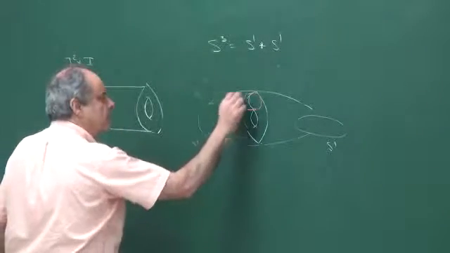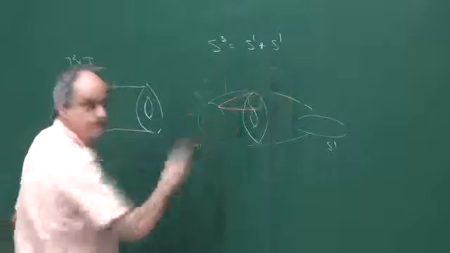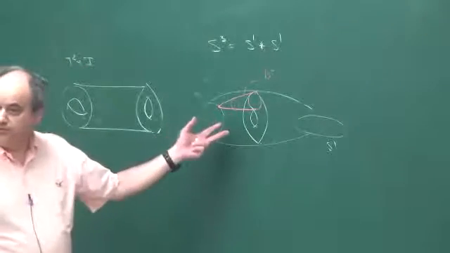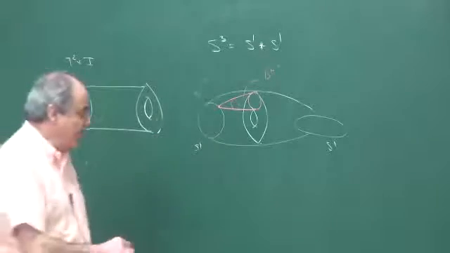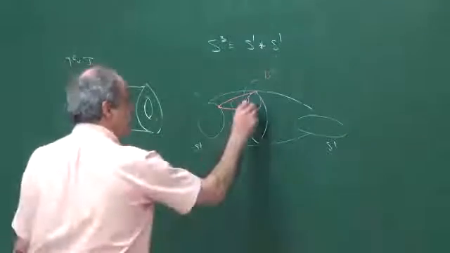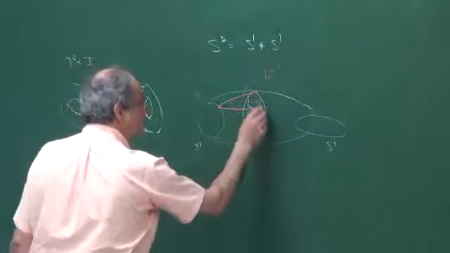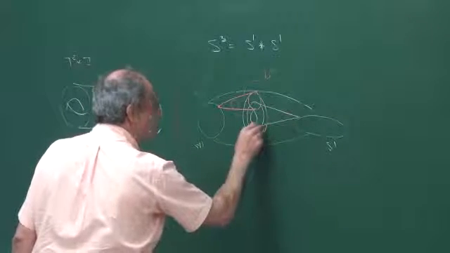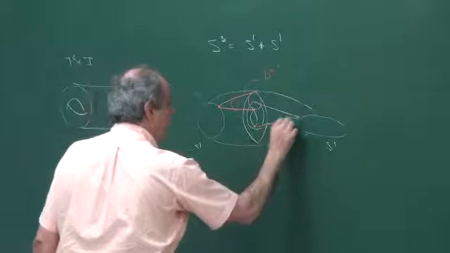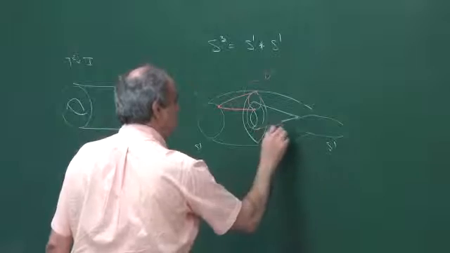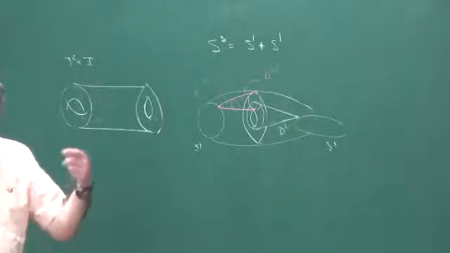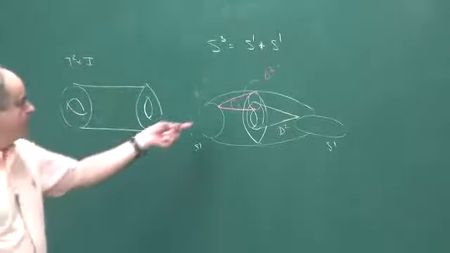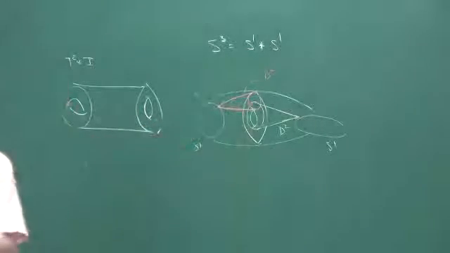So this is D2, and this side of the 3-sphere is D2 cross S1. And for the other D2, I take these meridian circles, and this is D2 as well. So I have D2 cross S1 union S1 cross D2 along S1 cross S1.